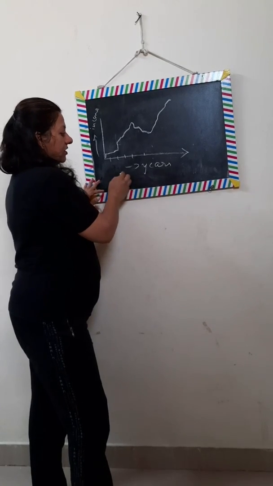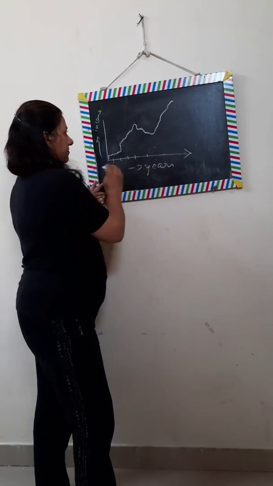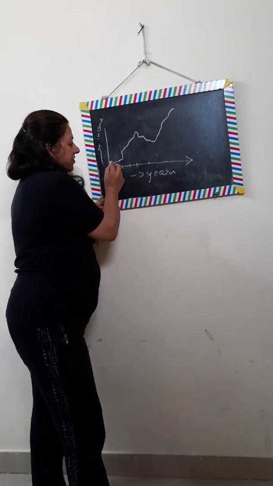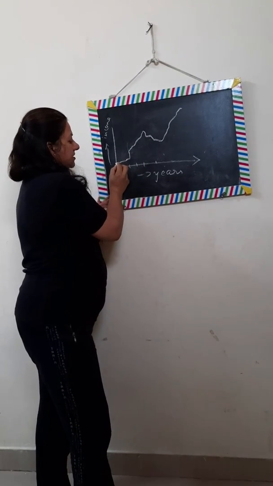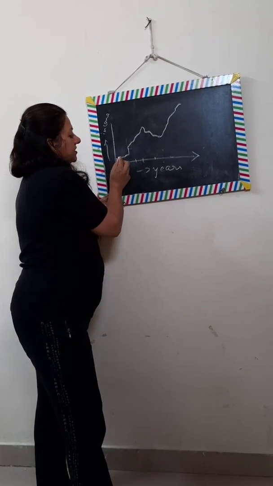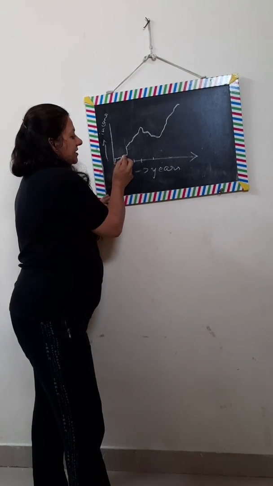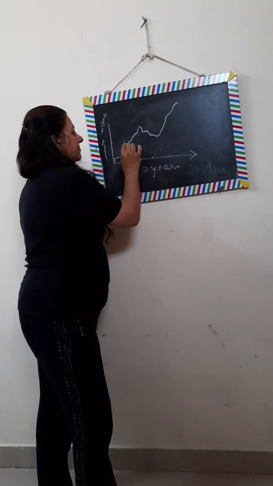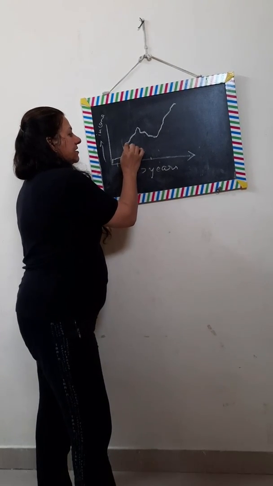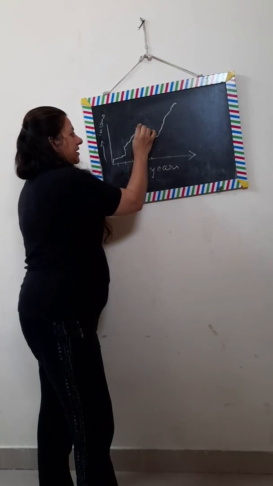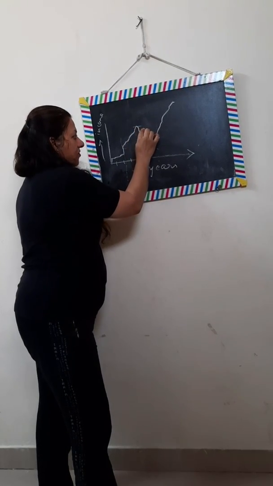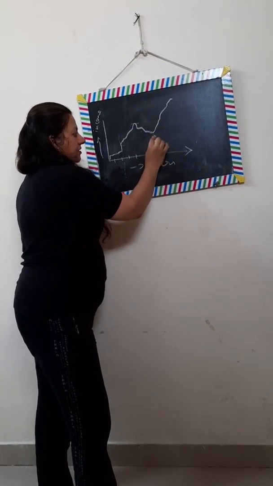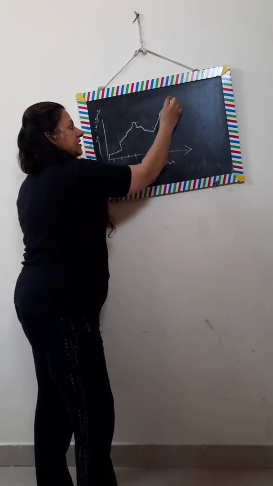Over the years of time, the income has been initially at 0, gradually it started at some particular point, and then it continued for a few years, with a little stability. Then suddenly at this particular year somewhere, you had a rise of income, and then it gradually increased consistently till one particular point, and then it again dropped down, and then it dropped to the minimum at this point, and then again it started rising.